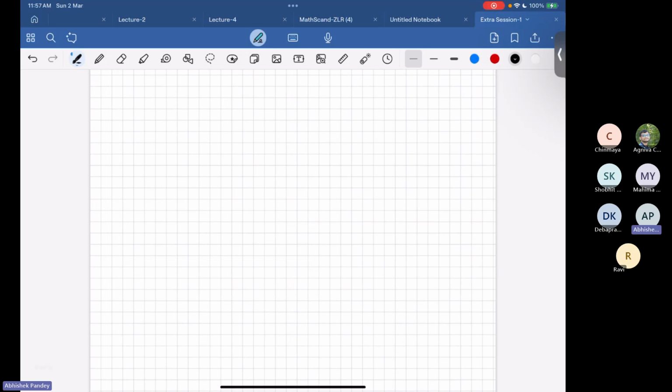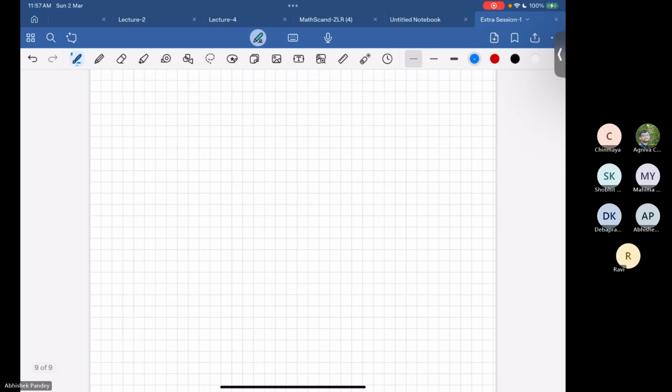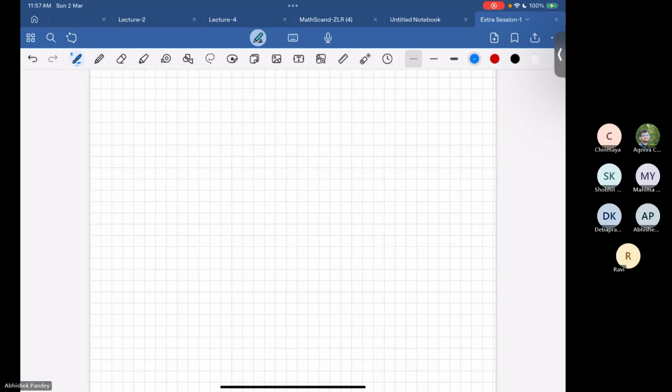Let us see some application of this one. Let us talk about a Jordan curve in C, which means it is homeomorphic to a circle and is compact. By the way, here is one question.